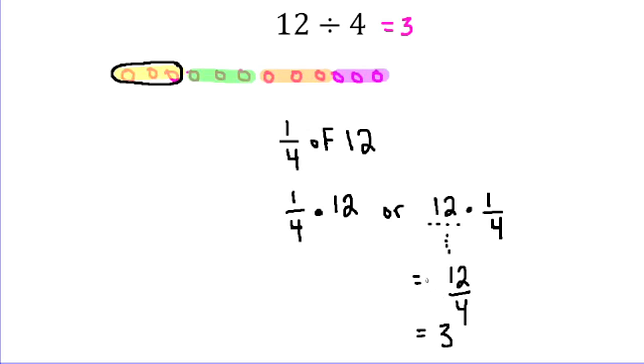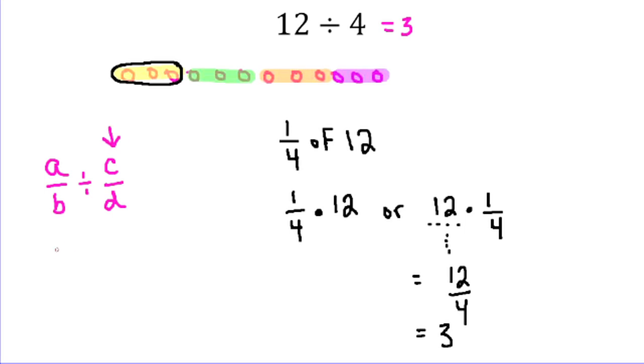Now, the importance of this is recognizing that in division, a common technique is, instead of dividing by a particular fraction, so for instance, if we had A over B divided by C over D, one of the techniques we can use is to multiply by the reciprocal of the second fraction.